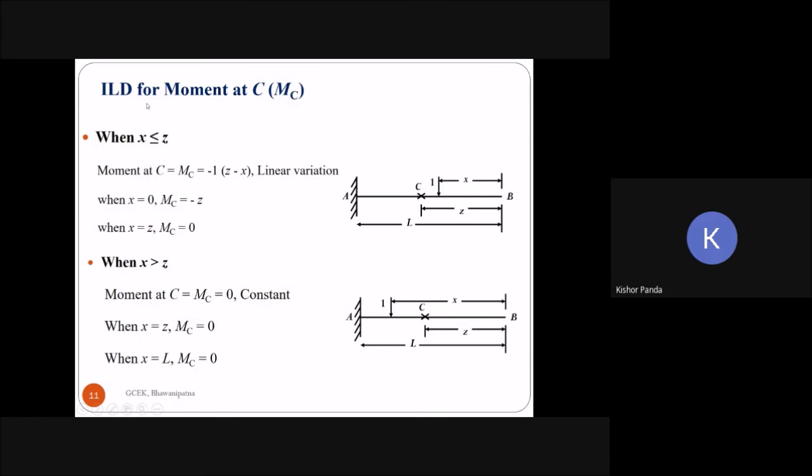Here we will draw the influence line diagram for moment at C. You have to find out what is the moment at C, and for that you have to draw the influence line diagram.